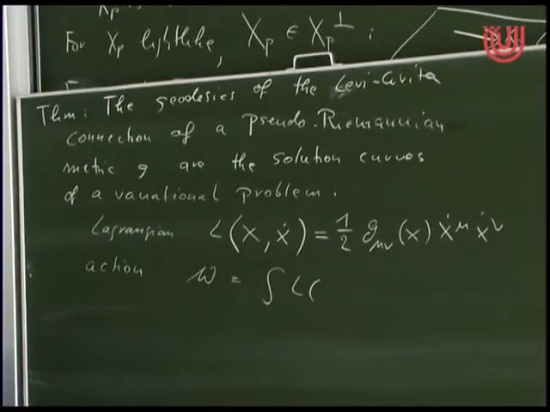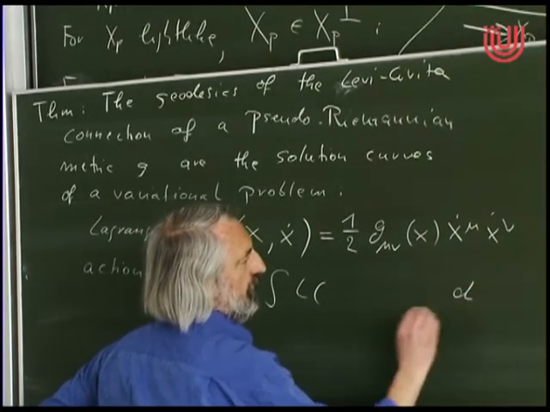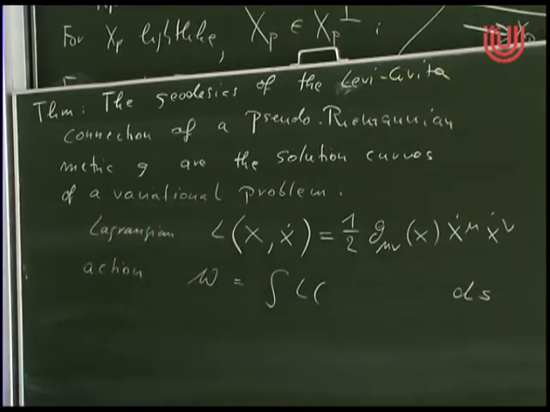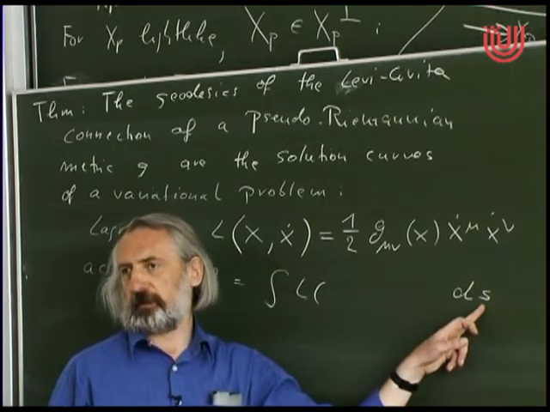And now I insert curves. Well, the curve parameter usually is called T in mechanics, but I would like to call it S, because in relativity we very often have a coordinate which is denoted T, and this would lead to confusion later. So the curve parameter is called S. That's what is usually called T in mechanics. Yeah?